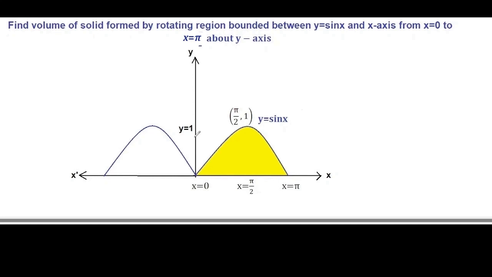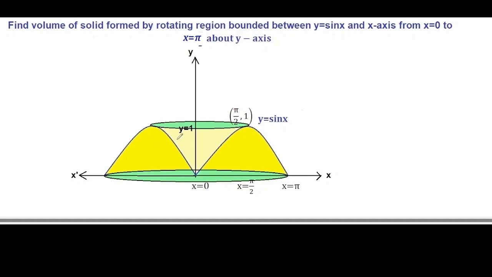For that we need to draw a circle at both ends of the curve. So this is the circular top and this is the circular bottom. So let's shade the rest of the part to complete the solid first. So this is the solid we got.